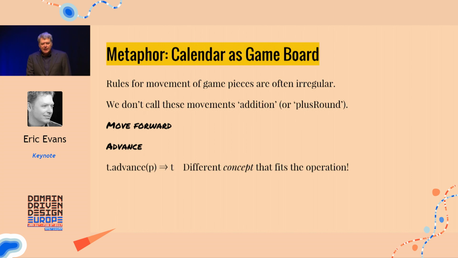So instead of saying time plus ceiling period is a time, we could say time advance period gives us another time. The nice thing about this is that the term advance doesn't make me think about associativity.